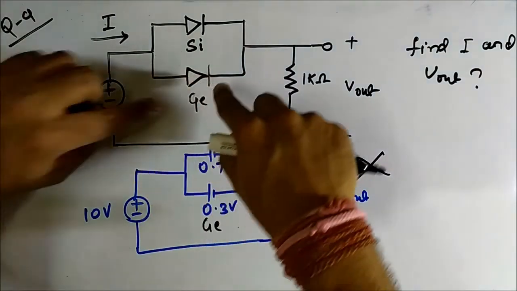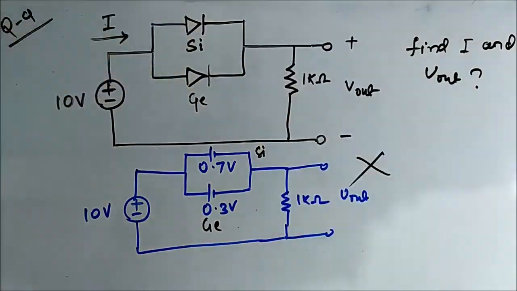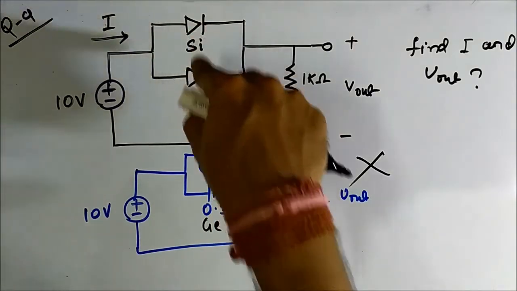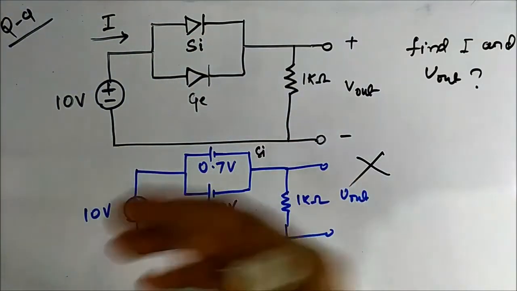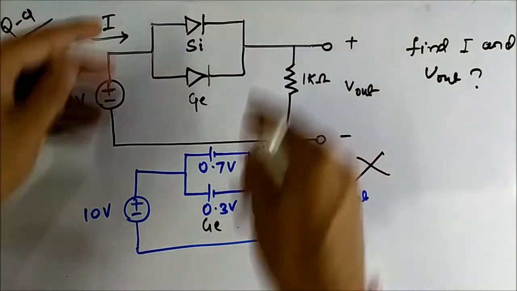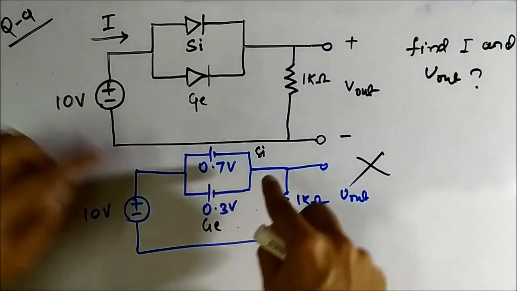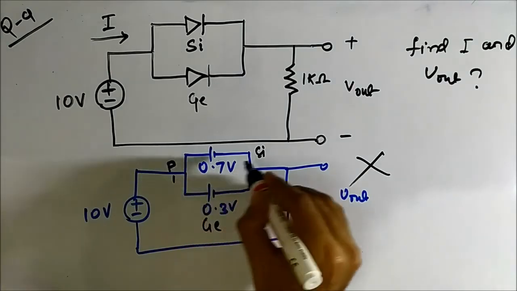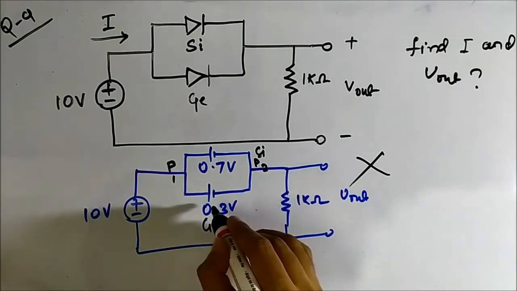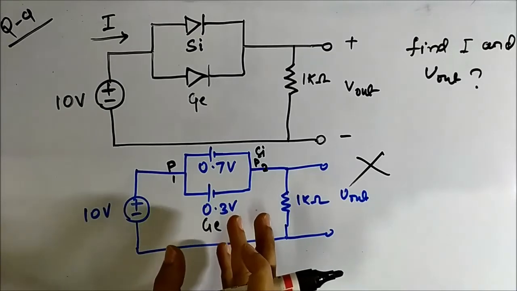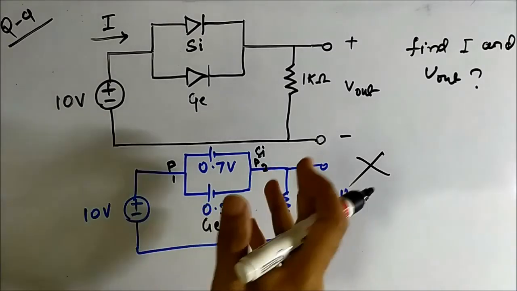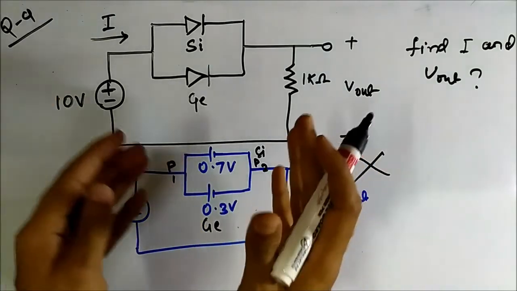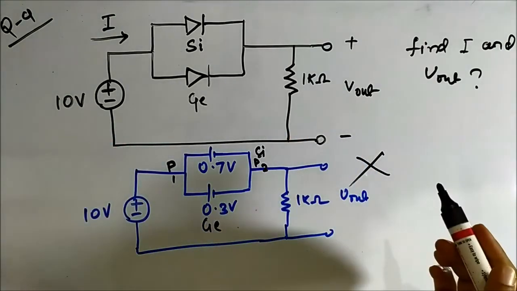So 0.3 volt will be maintained between these two terminals, and this silicon diode having a built-in potential of 0.7 volt will never get a chance to get turned on, because the same 0.3 volt is being maintained between these 2 points, let's say P1 and P2. As the germanium diode gets turned on first because of its lower built-in potential, VP1 and VP2 have a voltage of 0.3 volt always.